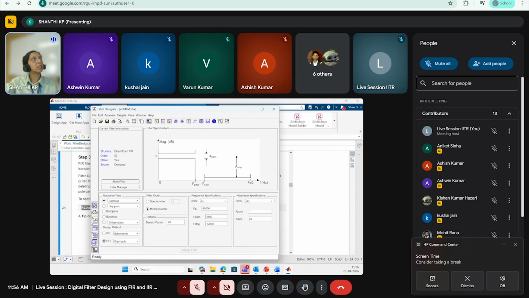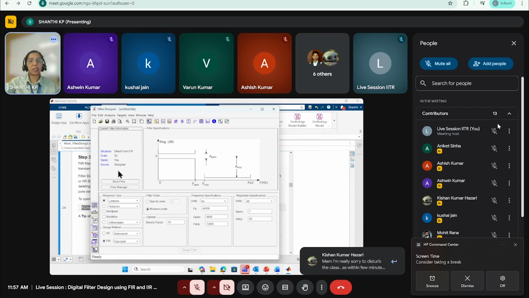Just talking about the interface here. Mainly, there are three main regions in the filter designer. The first region, which I'm highlighting here by hovering my mouse pointer over it, is the current filter information region.